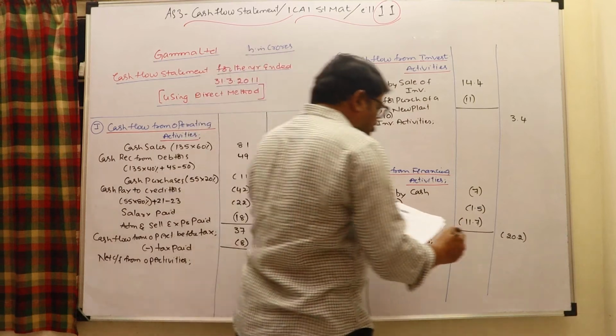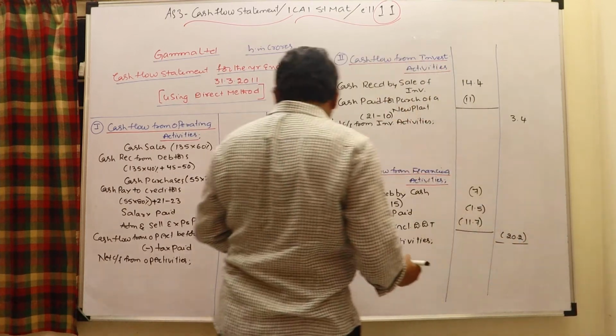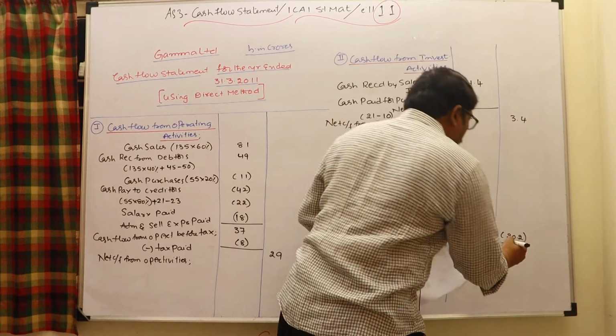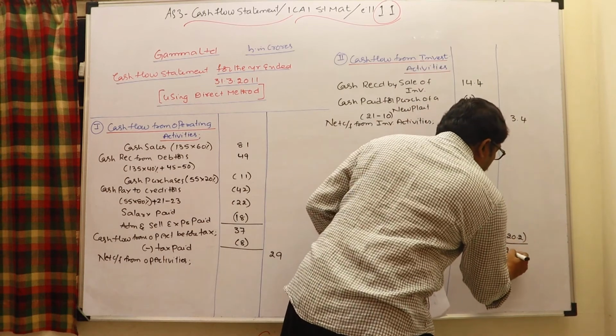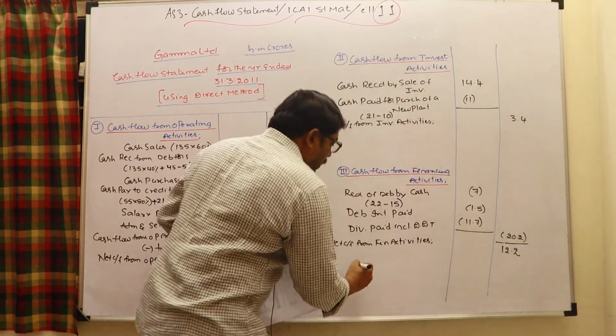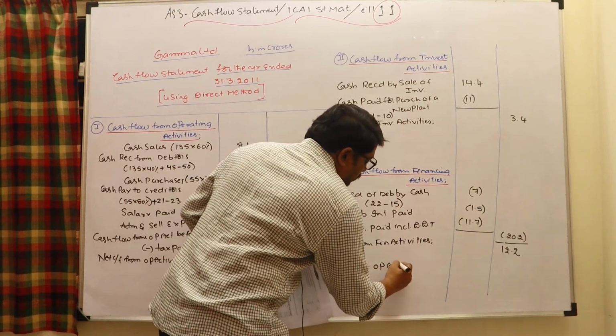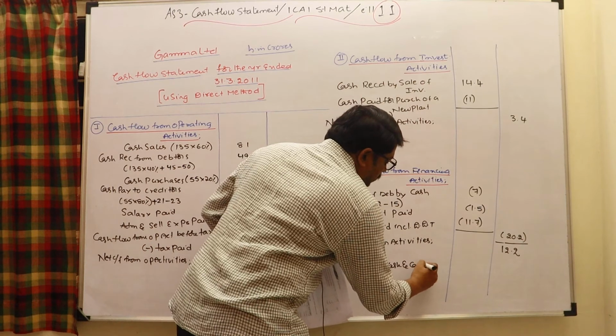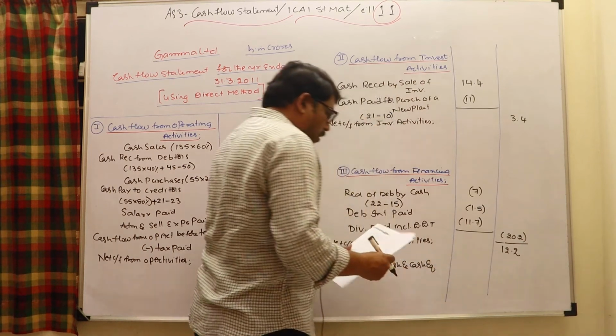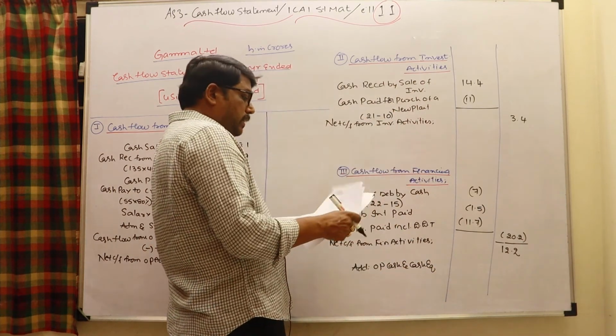The net of these three is 12.2. For that, add opening cash equivalents. Opening cash equivalents is given at 6.